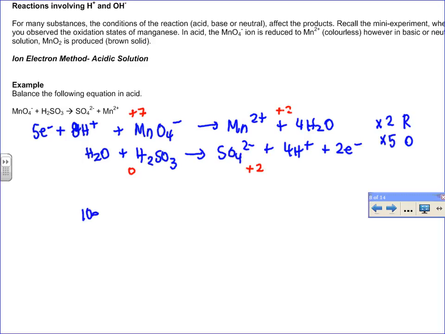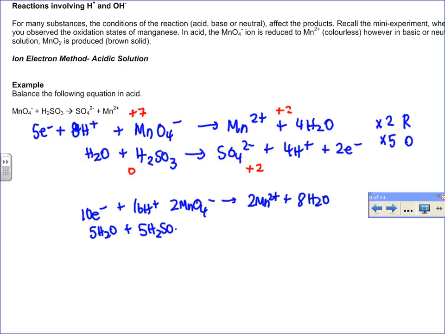I'm going to write this out, being very careful to multiply every single ion and molecule by the factor that I've decided.